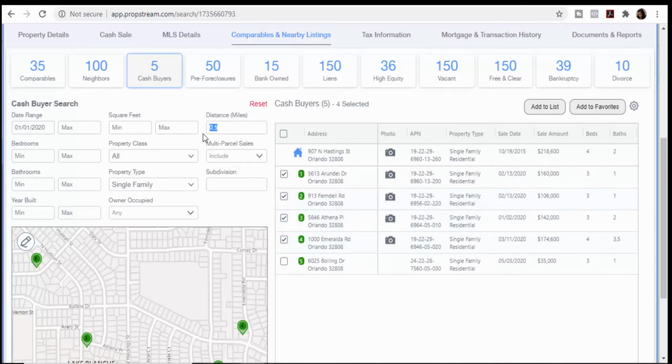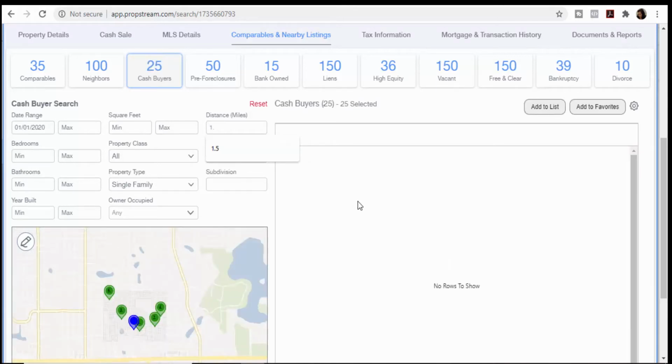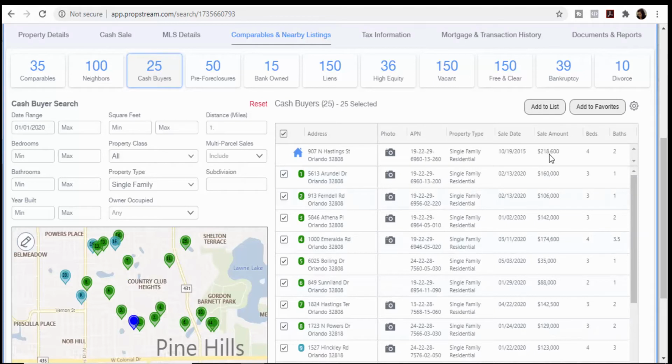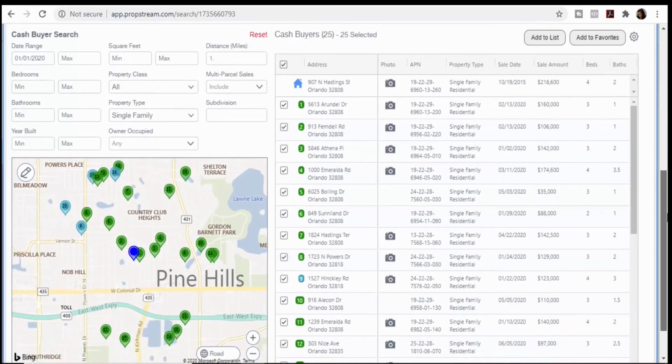And if you'd like, we can go out a little bit further just to verify. Okay, where we now have 25 properties to look at. Okay, here's a 4-3 at 123.